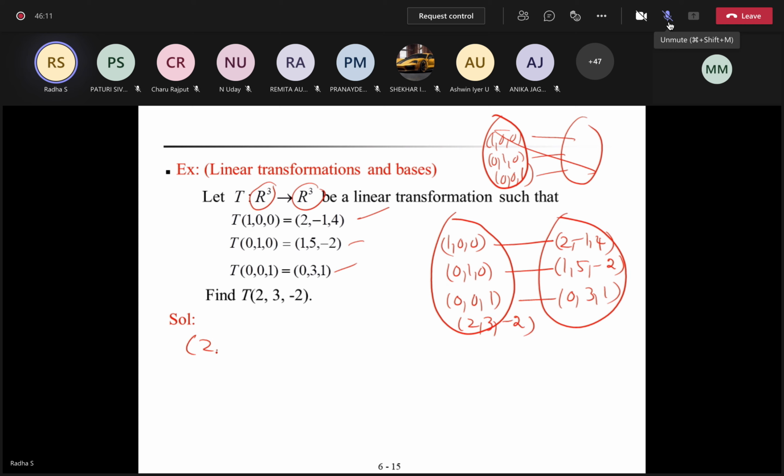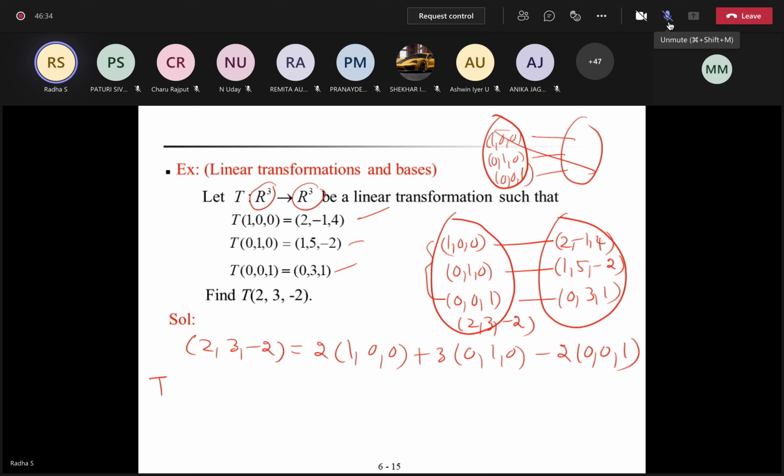So what is 2 3 minus 2 first of all? In terms of the standard basis, twice the first, 3 times the second, and minus 2 times the third. Correct. 2 times 1 0 0 plus 3 times 0 1 0 minus 2 times 0 0 1.